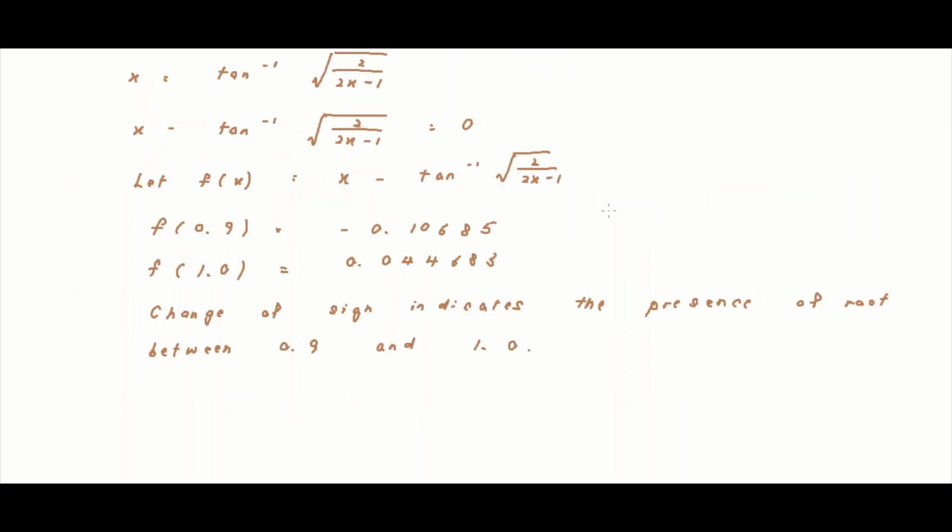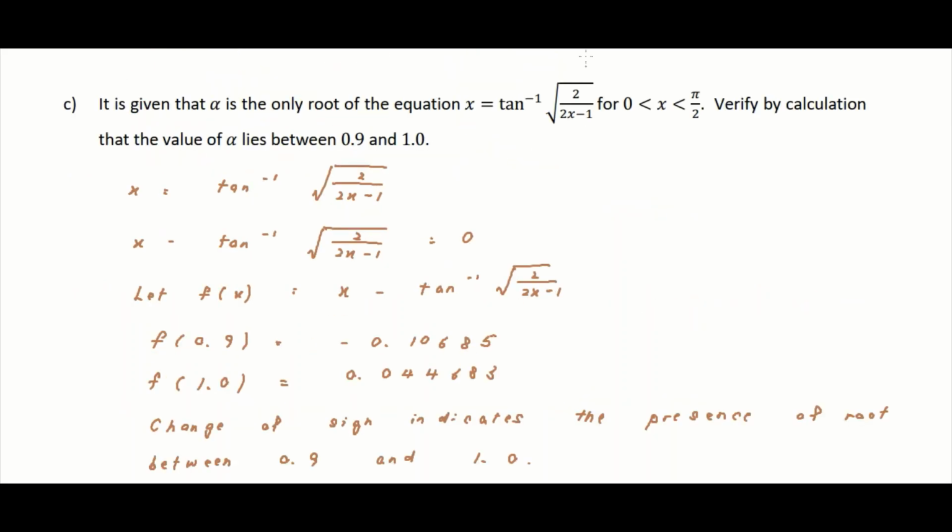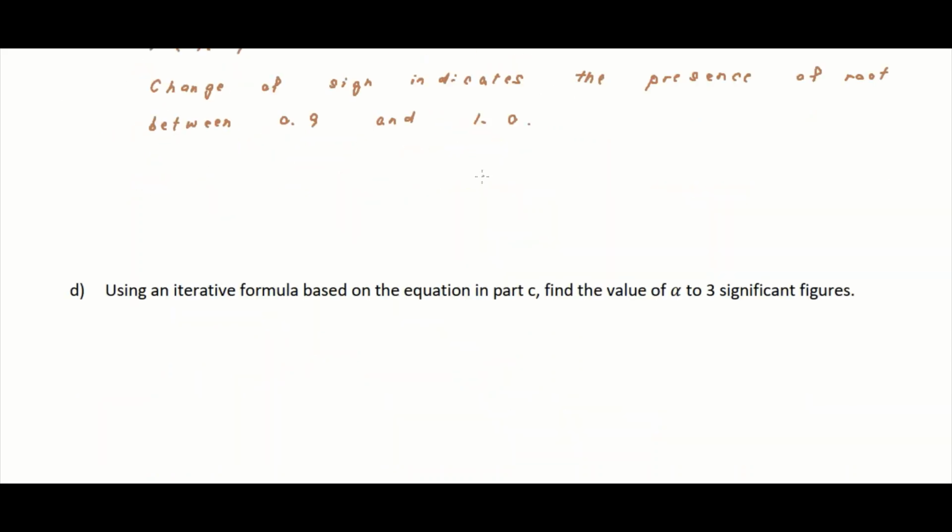Okay, so since for part C we actually already rearranged it in the form of x equals f of x, right? So we can straight away use this formula to form our iterative formula. So x equals tan⁻¹(2/(2x − 1)).